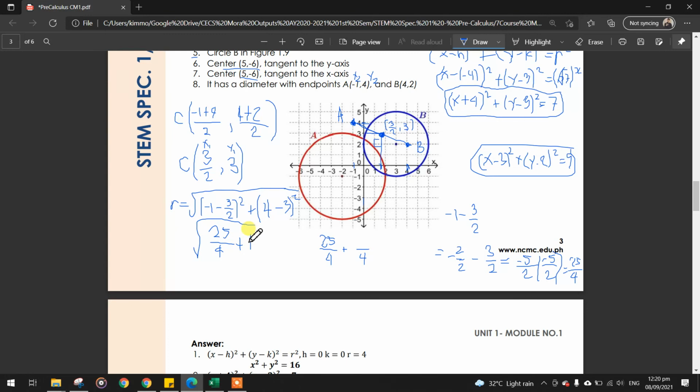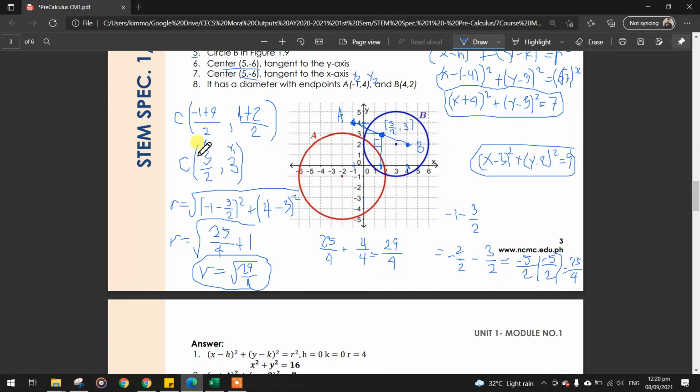So, since it is 1, the numerator should be 4, because 4 divided by 4 is equal to 1. So, this time, since the denominators are the same, it is easy to add. So, 25 plus 4 is 29. So, our R here is equal to the square root of 29 over 4. So, this is our R.